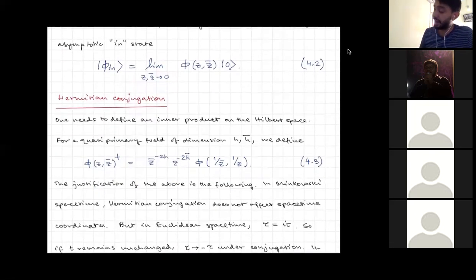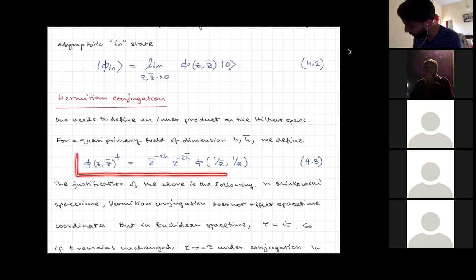One needs to define an inner product on the Hilbert space. What I'm going to do is define a quasi-primary field of h and h bar, and the Hermitian conjugate of this field is going to be given by this equation.